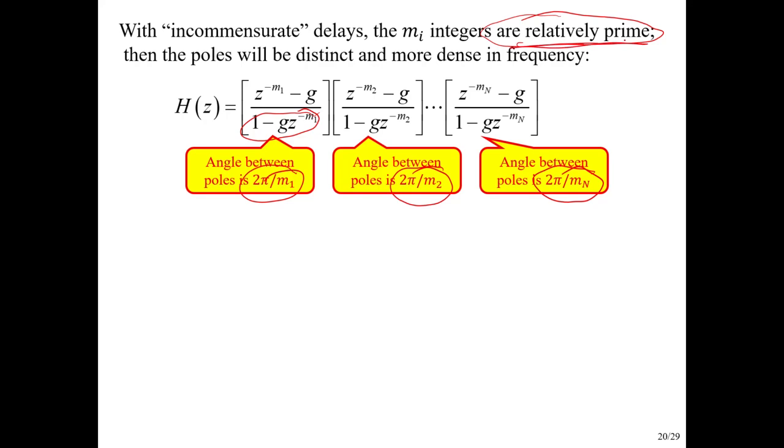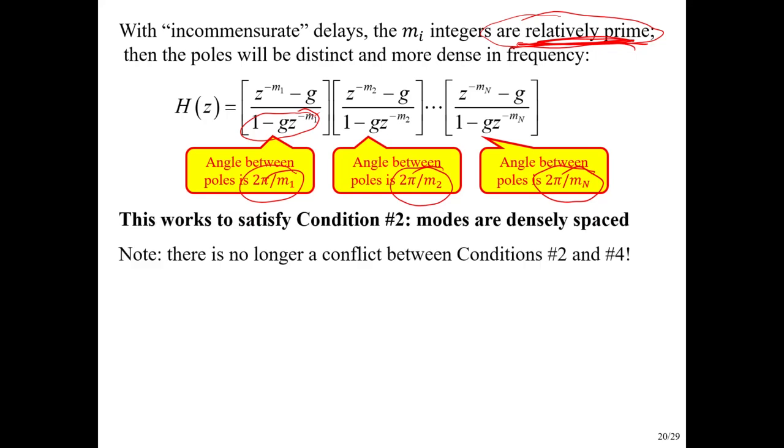So with all those integers being relatively prime, none of these spacings end up hitting each other. So you'll have no poles being kind of on top of each other. So you get lots of diversity in the spacing, and you can increase the density. Whereas if they had a common factor, you'd lose that increased density. You might increase it a little bit, but not as much.